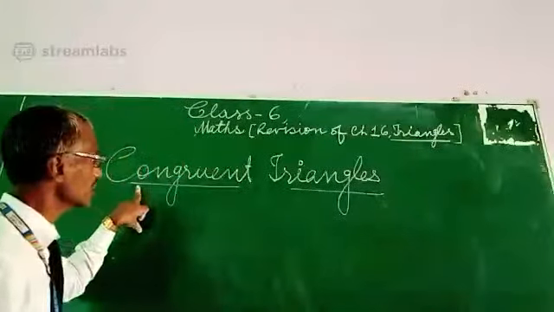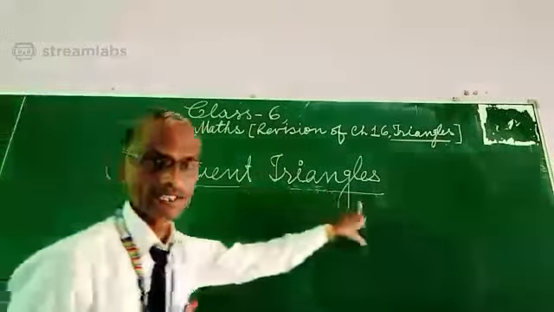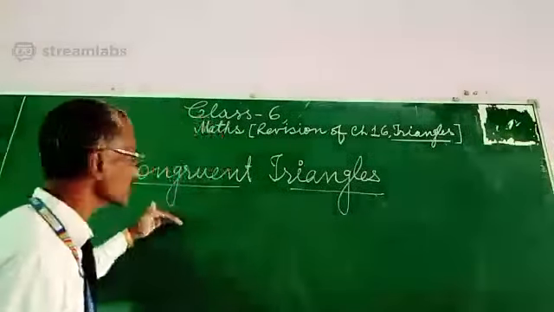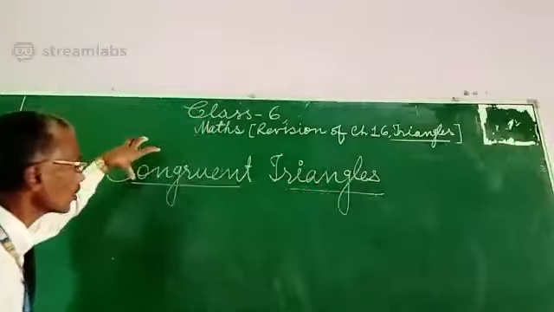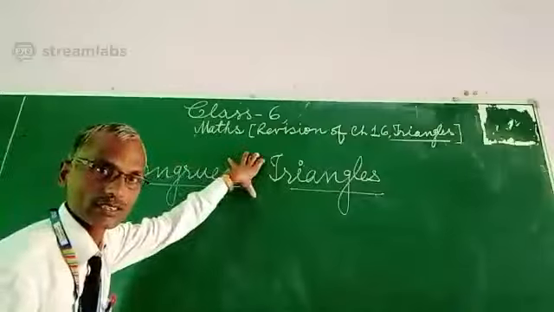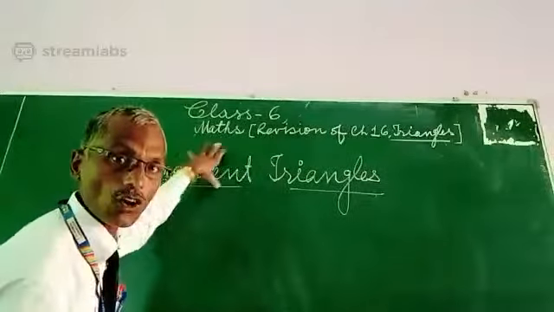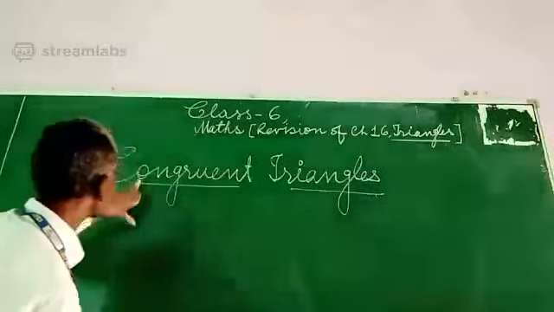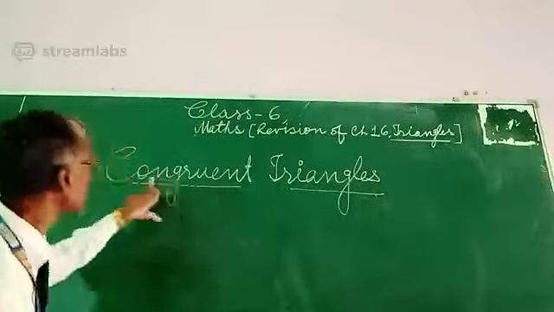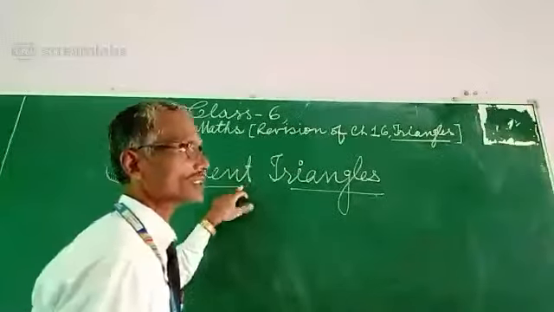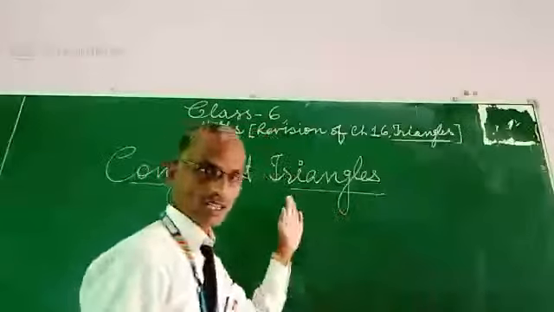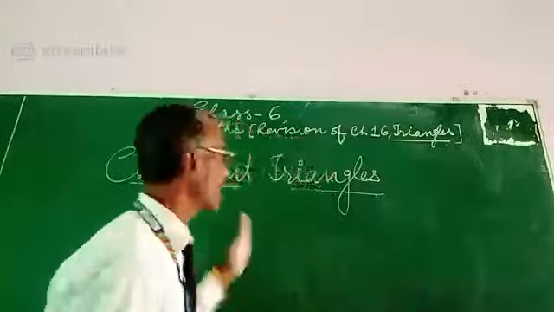Here, please look here. I am going to explain what a congruent triangle is. What is the meaning of the word congruent? The word congruent means equal. Congruent means sides are equal and angles are equal.